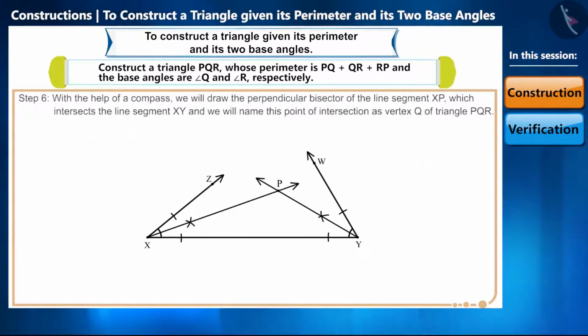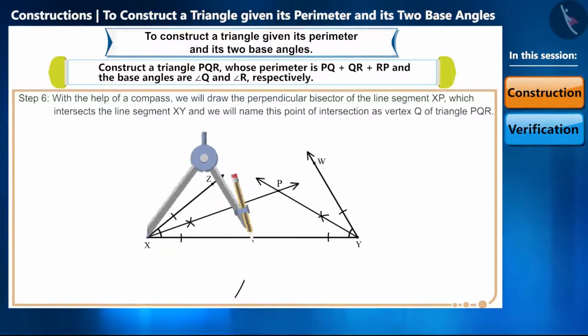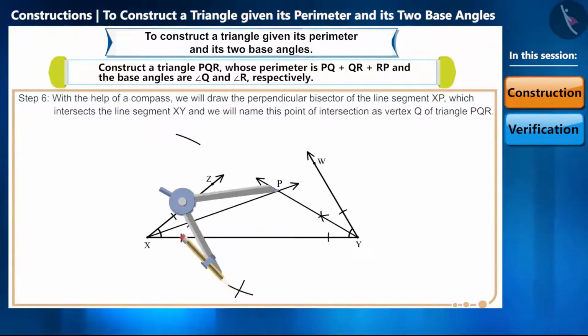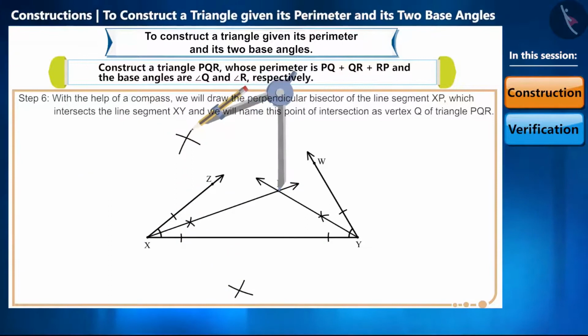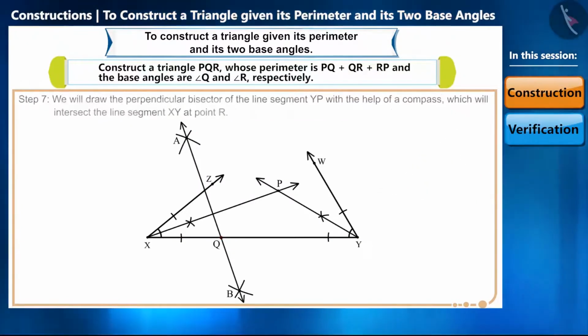Step 6. Now, with the help of a compass, we will draw the perpendicular bisector of the line segment XP, which intersects the line segment XY. And we will name this point of intersection as vertex Q of triangle PQR. Step 7.